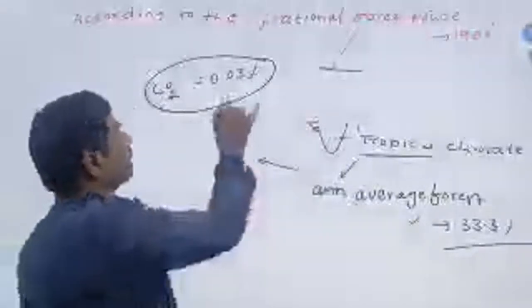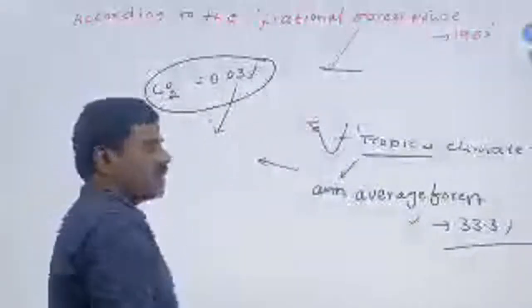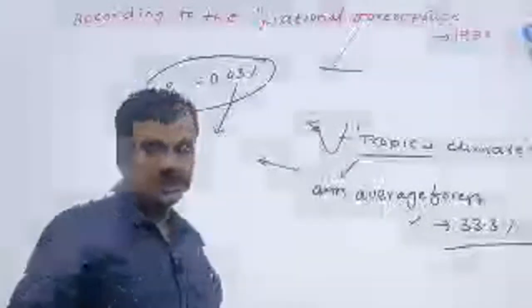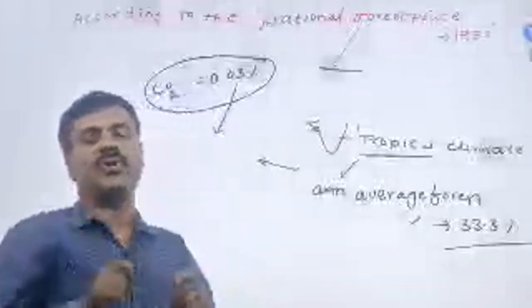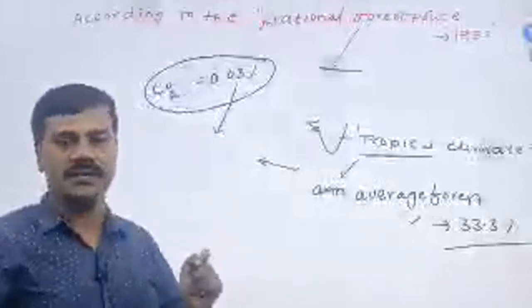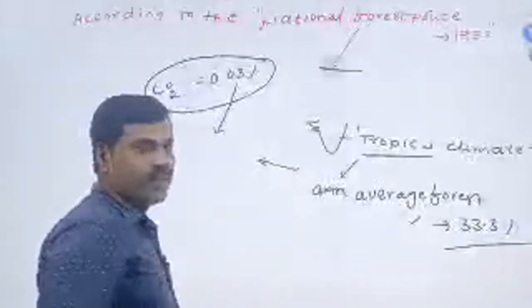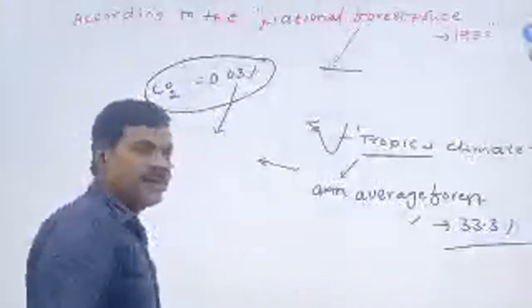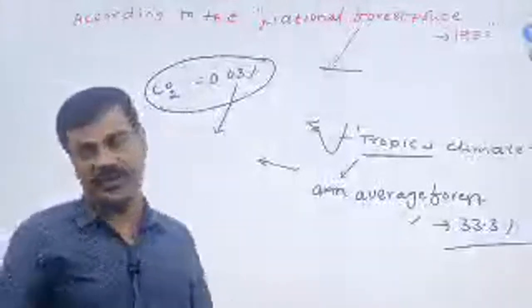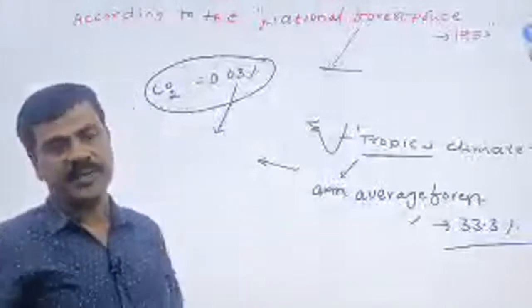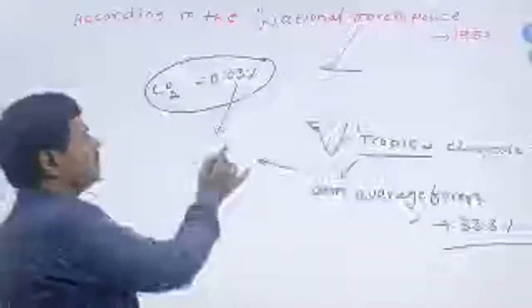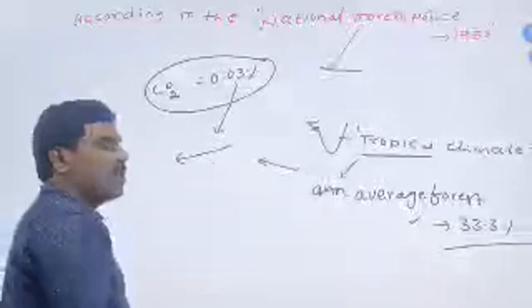When that percentage gradually increases, the carbon dioxide absorbs more temperature from the sun. When carbon dioxide increases, more heat is stagnated on the Indian surface, and that high temperature creates global warming.